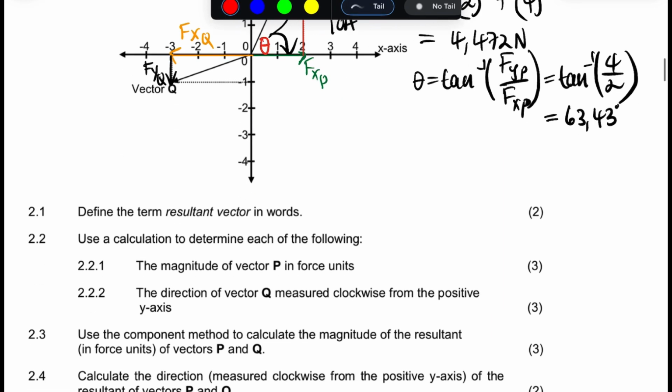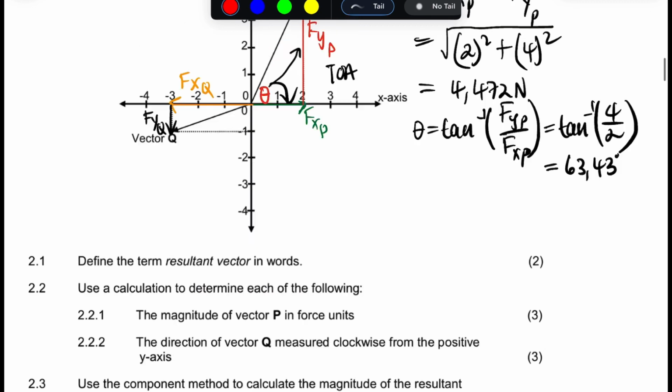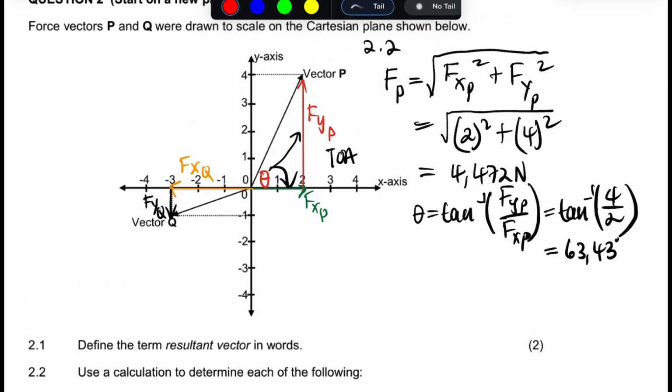Let's move on with the question. 2.2.2 says calculate the direction of vector Q measured clockwise from the positive y-axis. When they say measured clockwise from the positive, which is from here, we want the direction of vector Q this way, from the north. So what is that? It's the bearing.